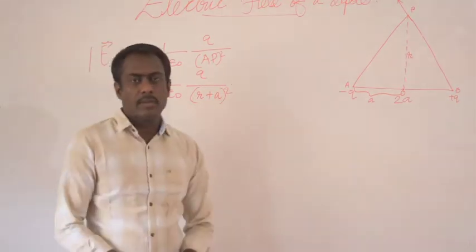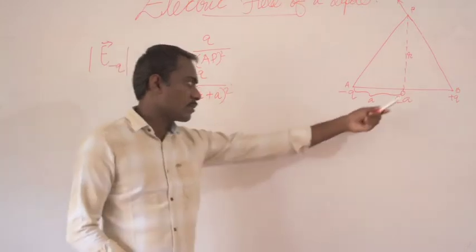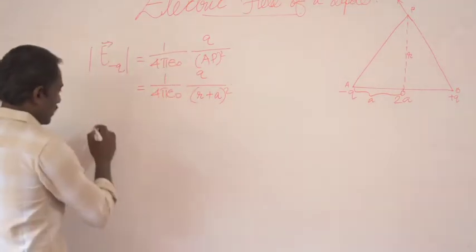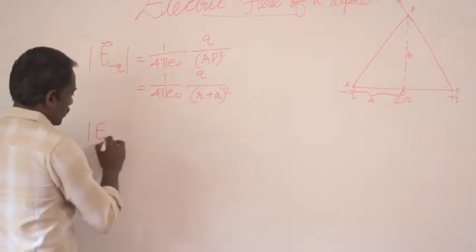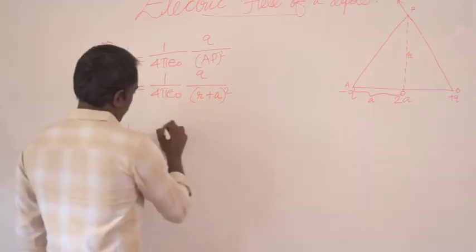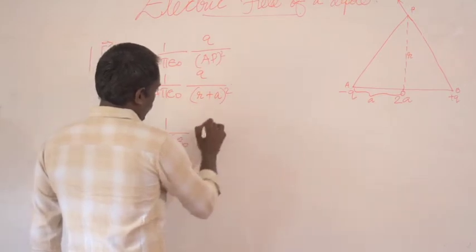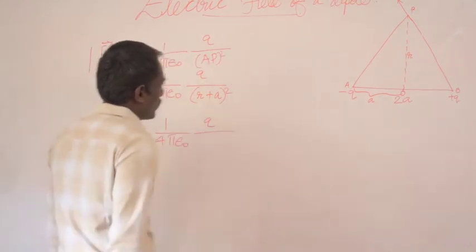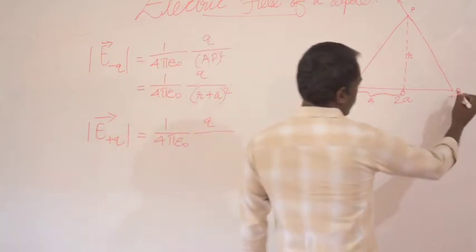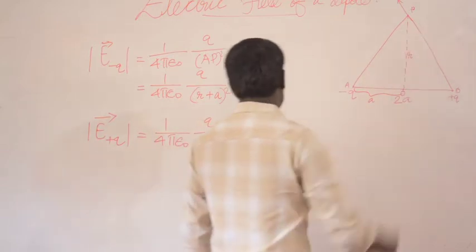Now let us find the electric field produced by the positive charge. The magnitude of the electric field produced by the positive charge Q, as per Coulomb's law, is 1 by 4 pi epsilon 0 into Q divided by the distance between this positive charge and the point P, that is BP square.